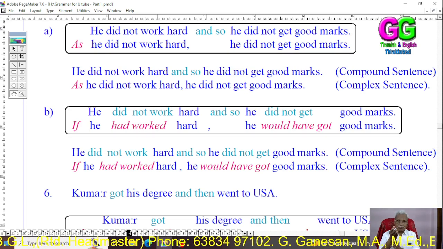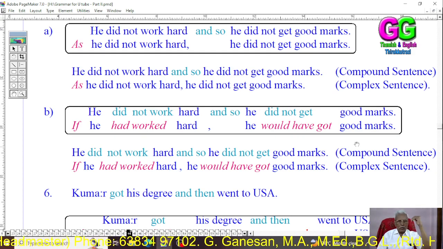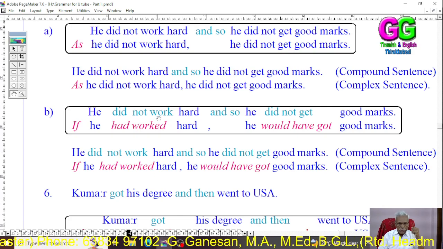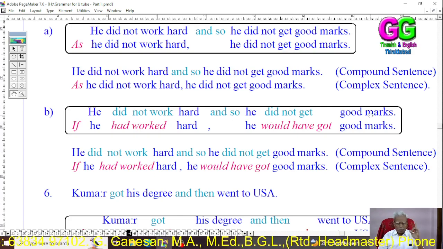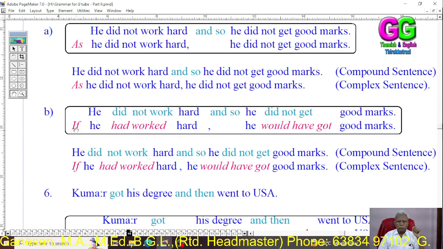So the condition: if he had worked harder, he could have got good marks. He did not work hard, and so he did not get good marks. Complex. And so I have used 'if'.